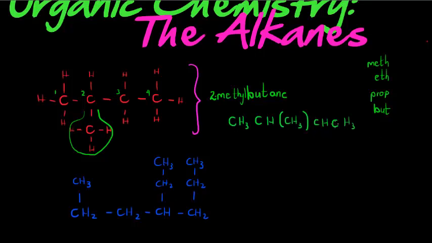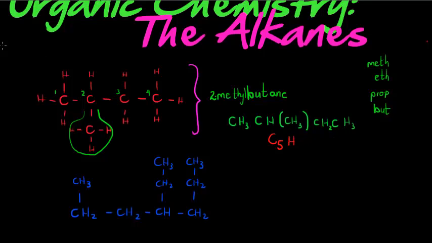1, 2, 3, 4, 5 carbons. 5 carbons. Hydrogens 3, 4, 7, 8 plus 3 is, oh, did I miss one? Yes, I didn't put 2 here. The second last carbon has 2 hydrogens. I'm sorry.